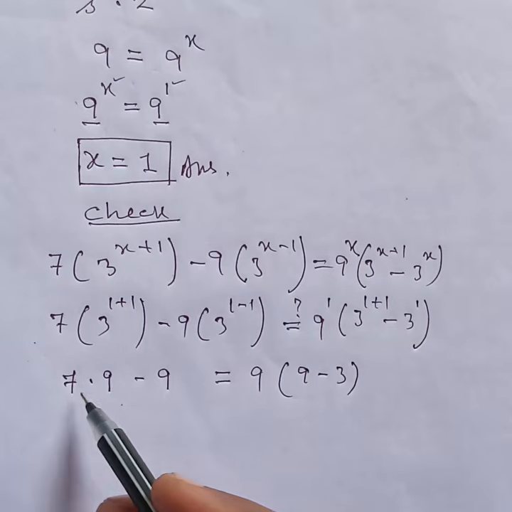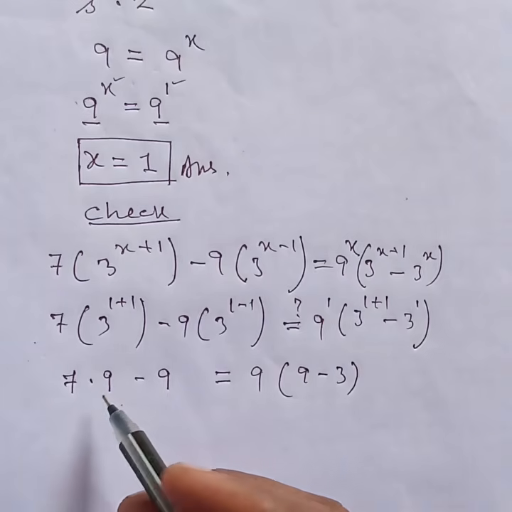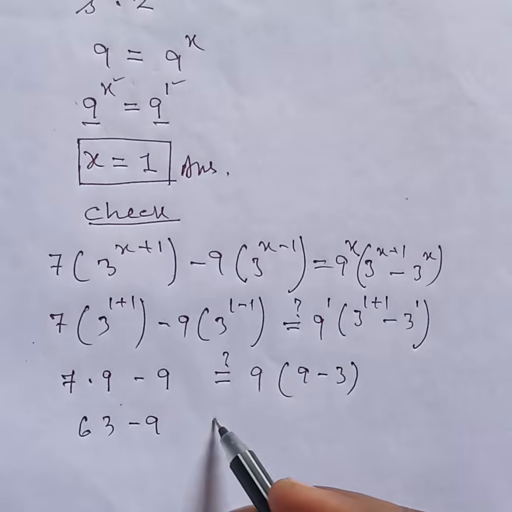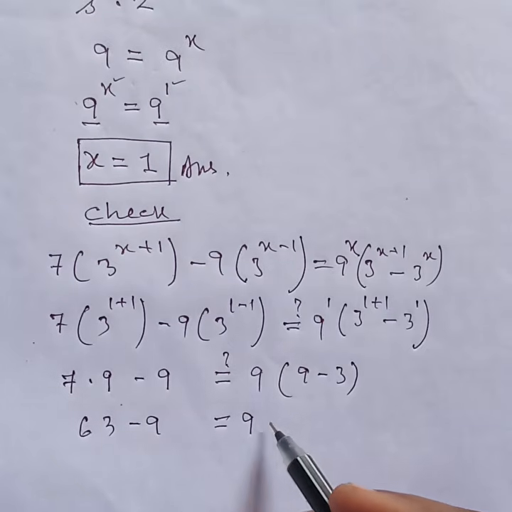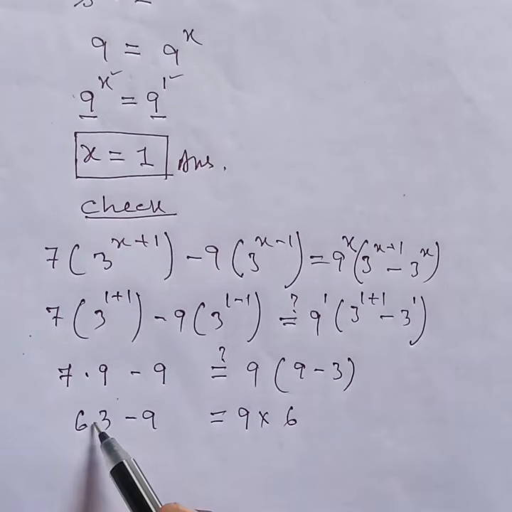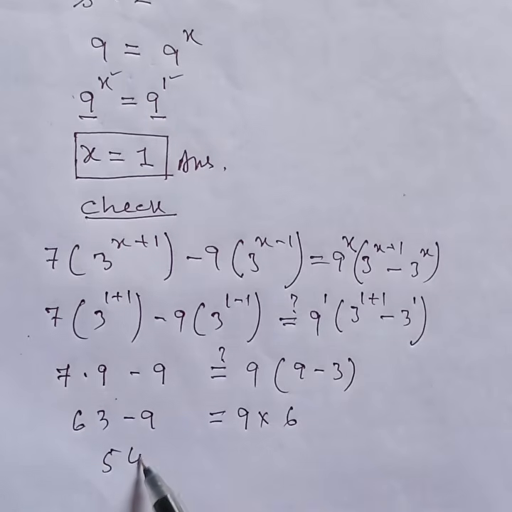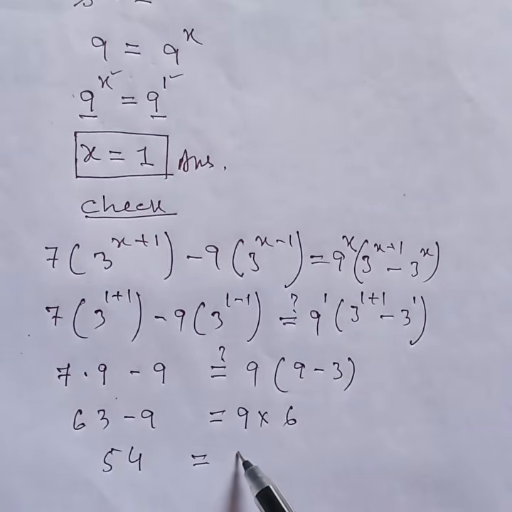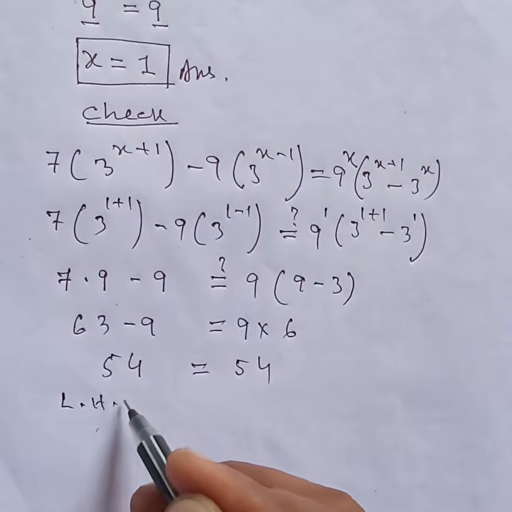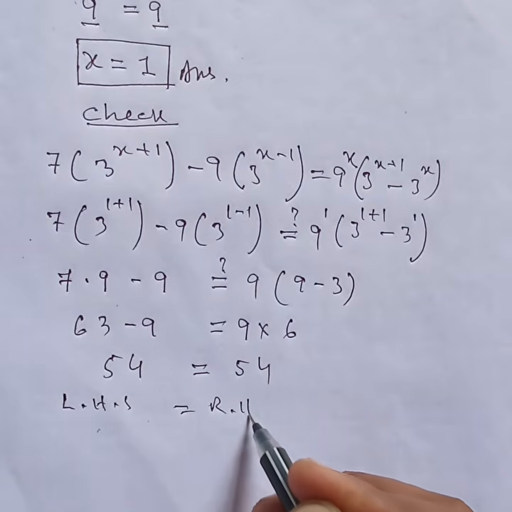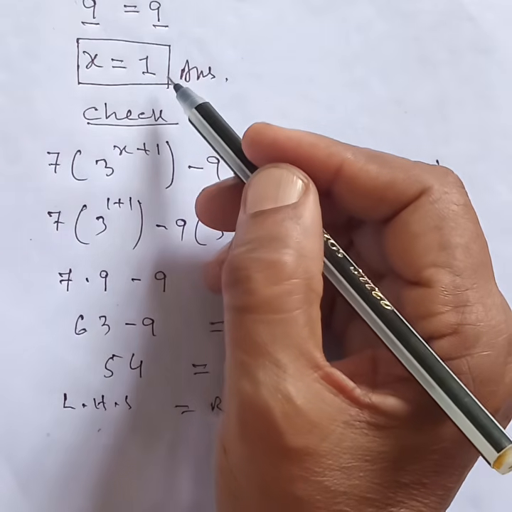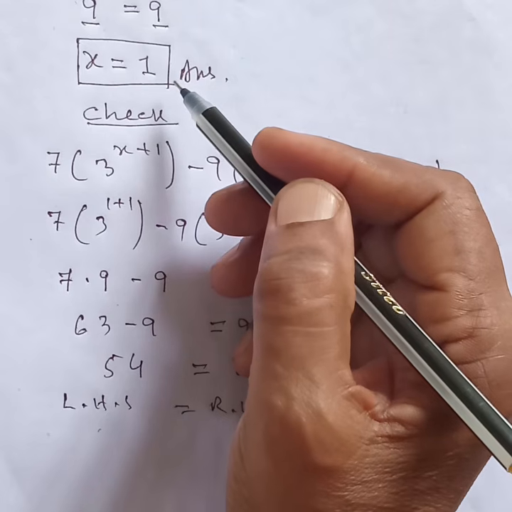Now 7 nines are 63, minus 9 is equal to 9 into 6. 63 minus 9 is 54, is equal to 6 nines are 54. Therefore, left hand side is equal to right hand side. So our answer x is equal to 1 satisfied the original equation.